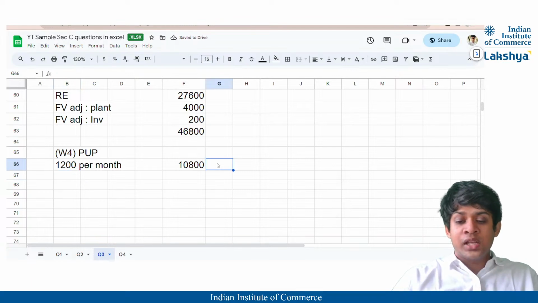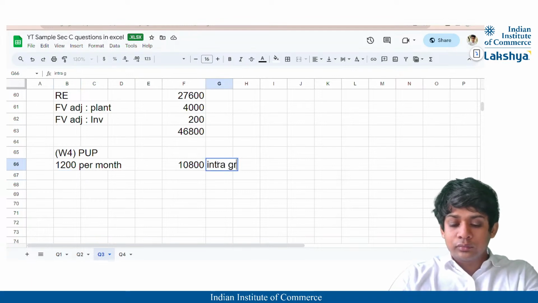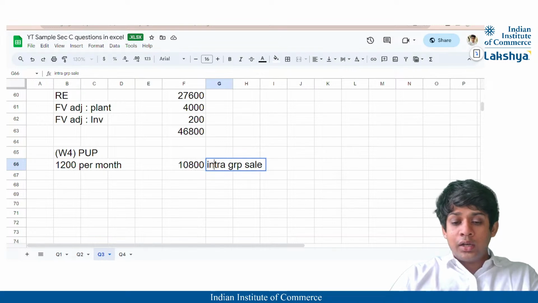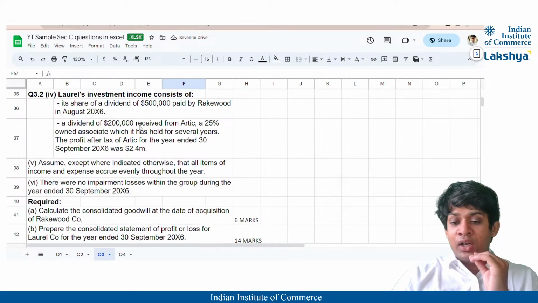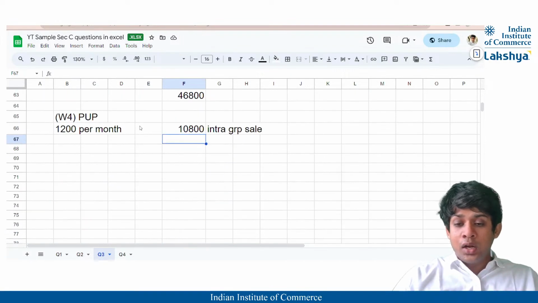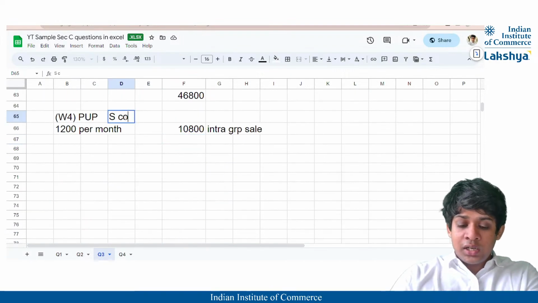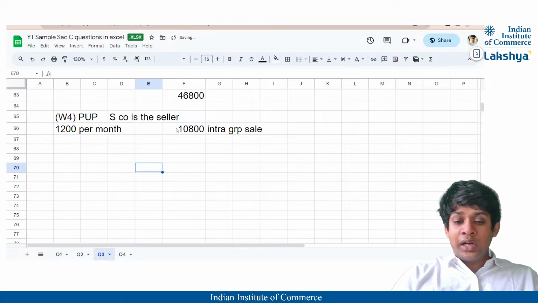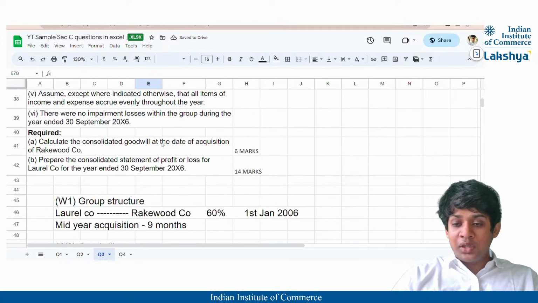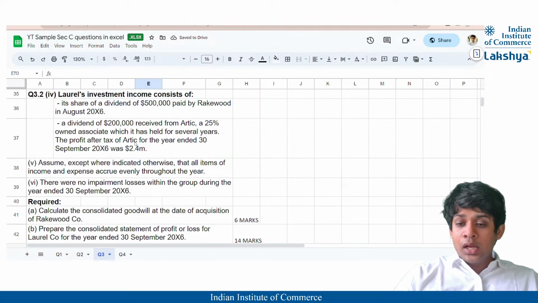This is my intra-group sale, right? Now you have to first see how many of these goods are still remaining in the inventory of the parent company, right? Always mentioned here, subsidiary company is the seller, right? So 10,800 is the total sale of goods between the subsidiary and the parent company, right?